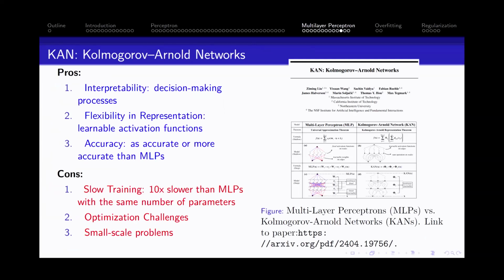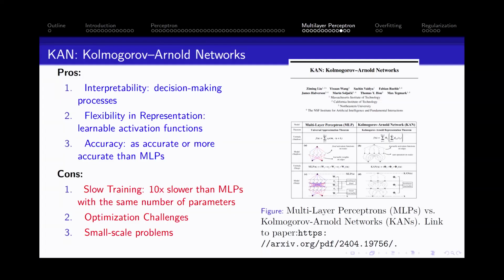Another optimizer, which I think was proposed recently, in 2018, was KAN. This was initially proposed when you are interested in the decision-making process and more interpretable results.